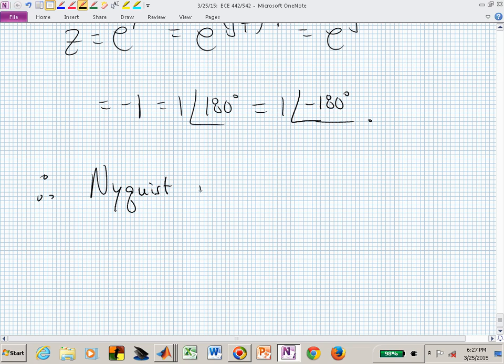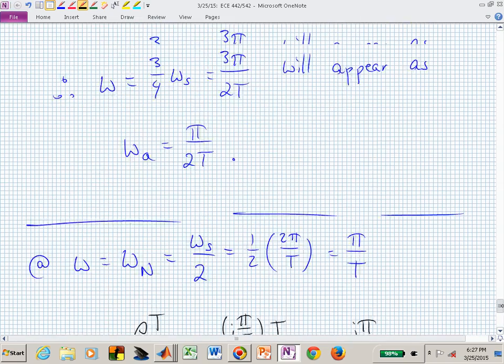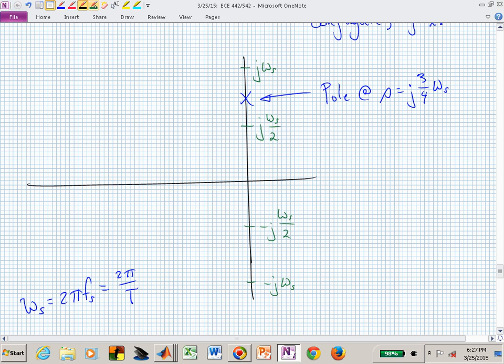This Nyquist actually provides our primary strip in the s-plane. Meaning if we went back to this particular picture here, you might see textbooks that talk about frequencies in there.